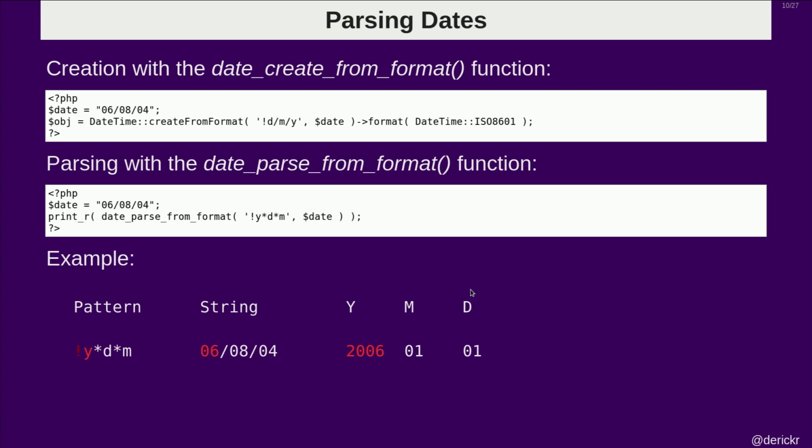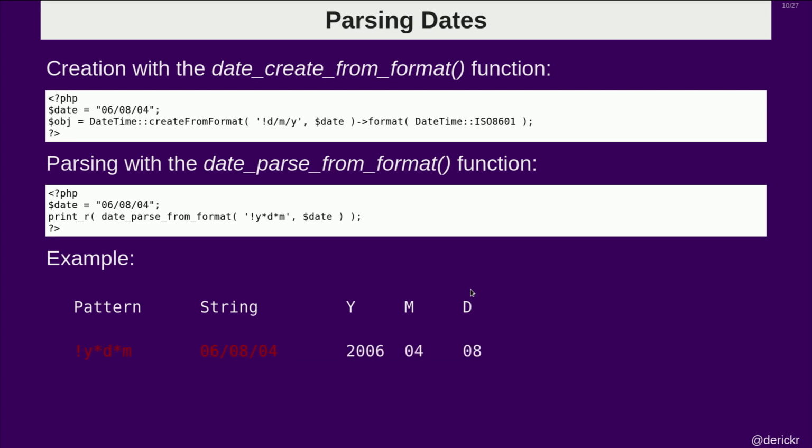In this case, that is 6. It uses a 2-digit year, and then it turns into 2006. The star means parse all separators. You can also do a specific one if you want to, but the star does all of them. Do the 8 to parse the day, do the star for the separator, and then do the month, and then you have your date, which is April 8, 2006.